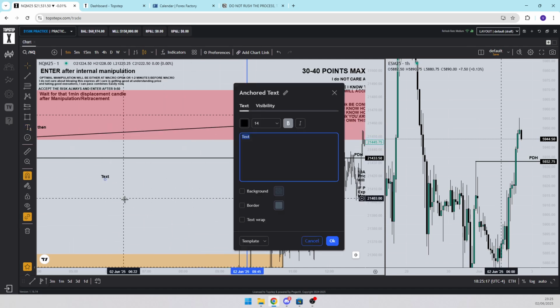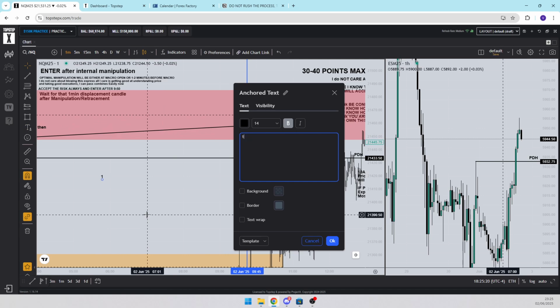So we do have, one, the 9:30 displacement higher, the previous day high sweep. Two, the previous day high SMT.